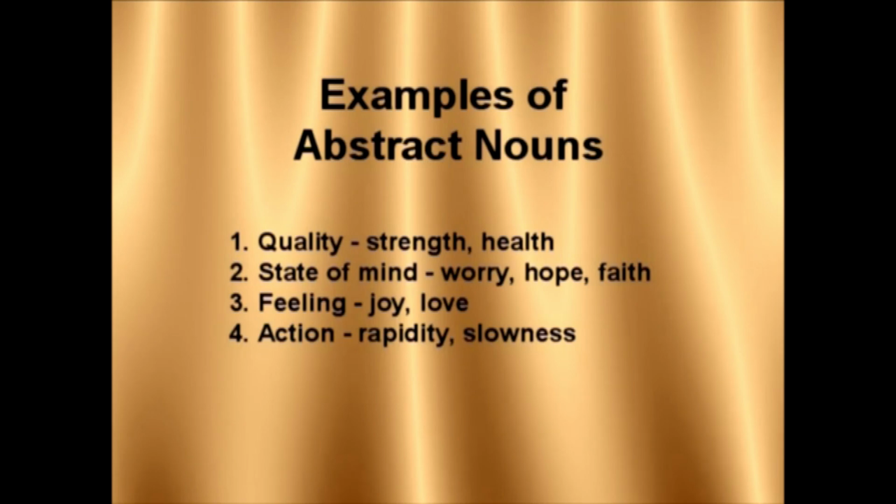Feeling could be joy, love. Action could be rapidity or slowness. Notice that you cannot touch, smell, hear, taste, or see hope, worry, love. That's why they are called abstract nouns.